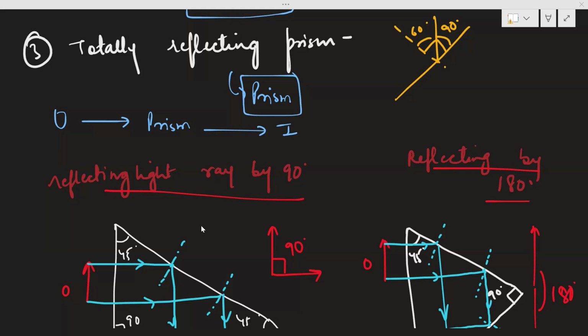Now, calculate the values of the critical angles first. The three refractive indices are given: red is 1.39, then 1.44 for green, then 1.47 for blue.